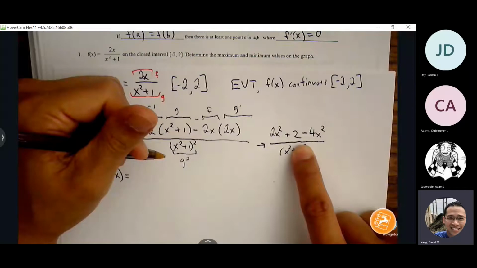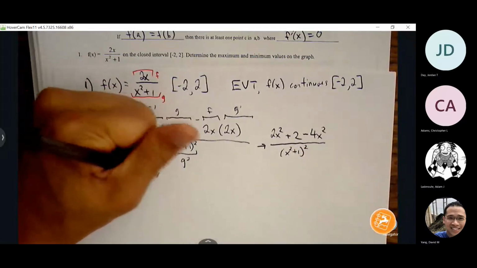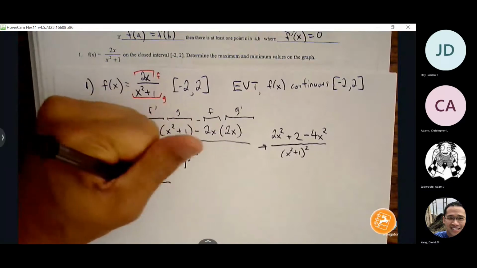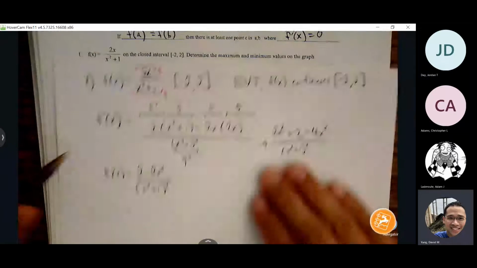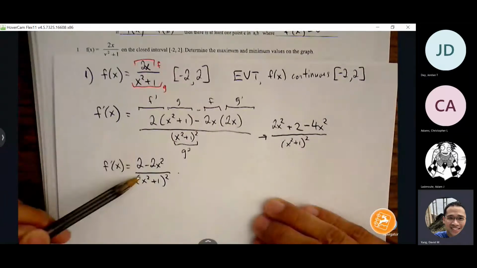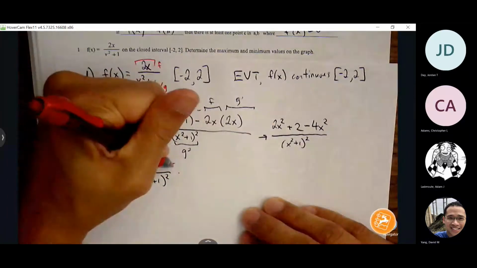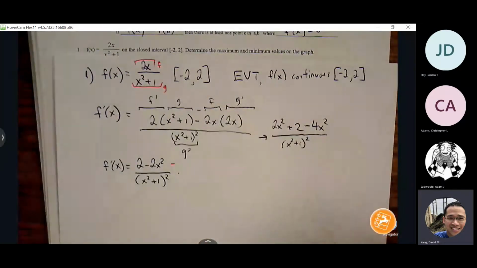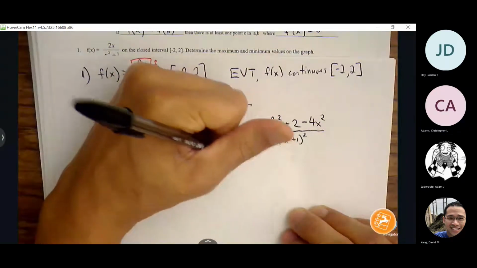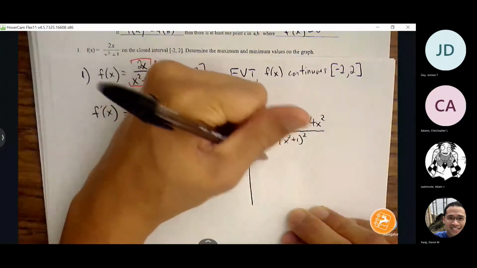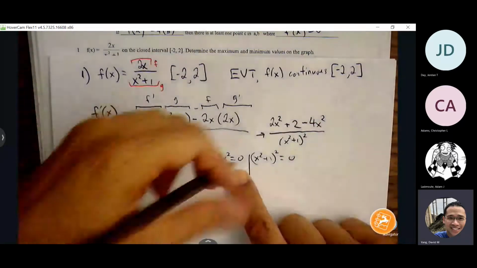Let's do some cleanup here. We get 2 minus 2x squared. We set the numerator and denominator equal to 0. Let's see what happens from the numerator here.